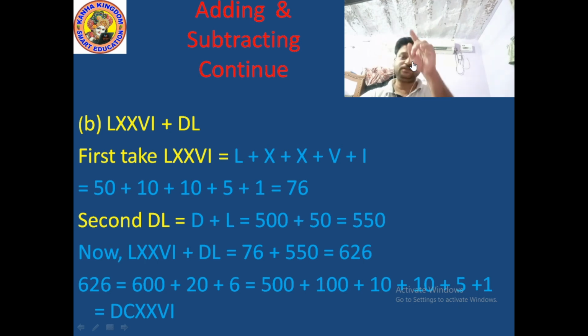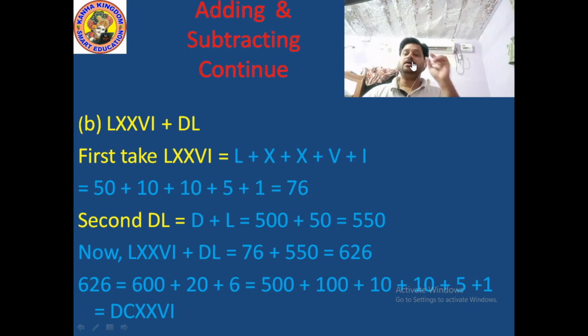Very easy. First write 600 plus 20, then 6. How can we write 600? 500 plus 100. Now 20 is 10 plus 10, and 6 is V, 5, plus 1.